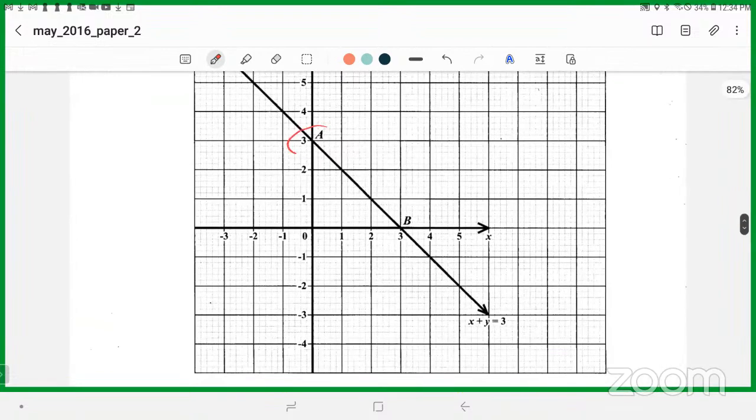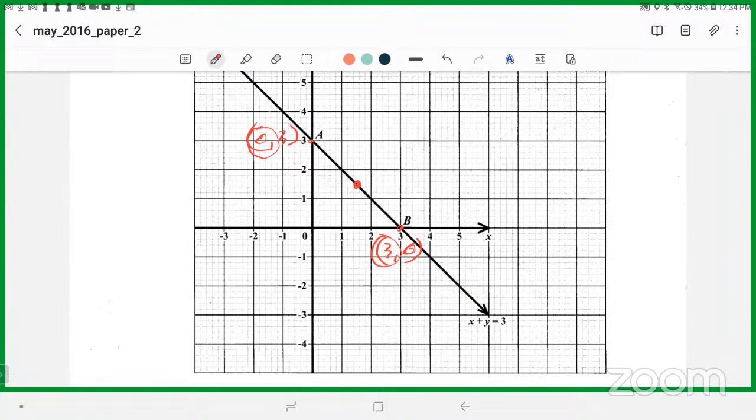Because this point up here, A, is actually 0, 3. And this point down here is actually 3, 0. Remember, midpoint is the average point, you know. The midpoint is going to be right halfway inside here. So it's going to be the average of these two x values. What's the average of 0 and 3? 1.5.